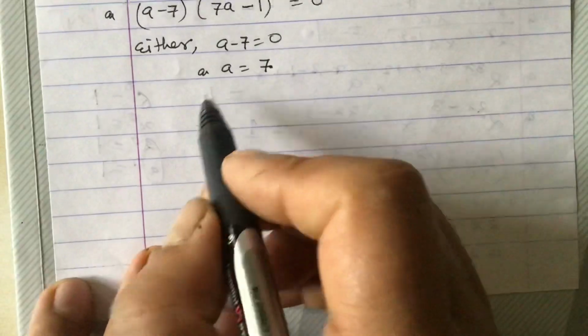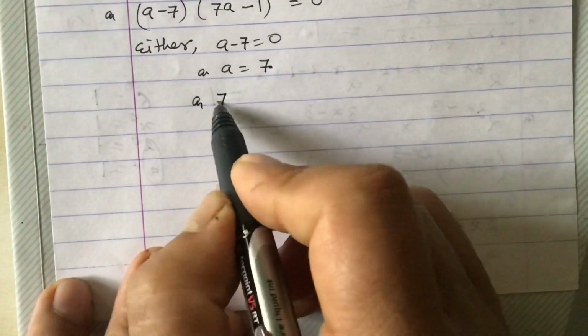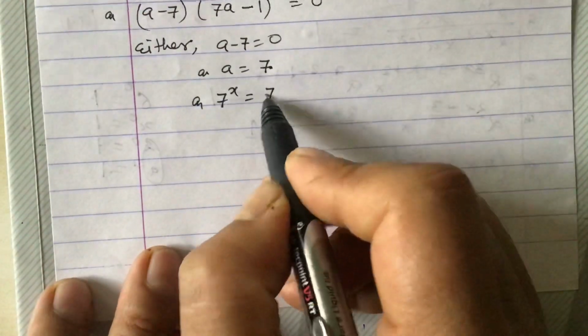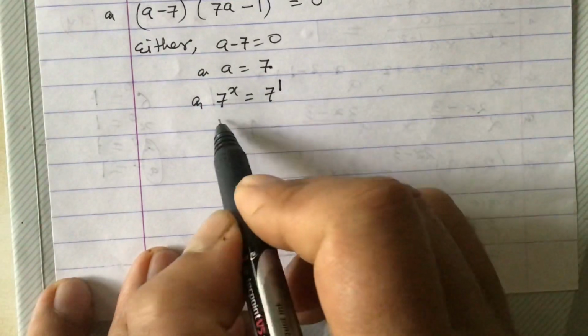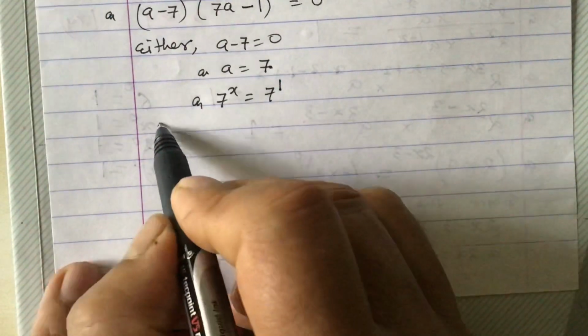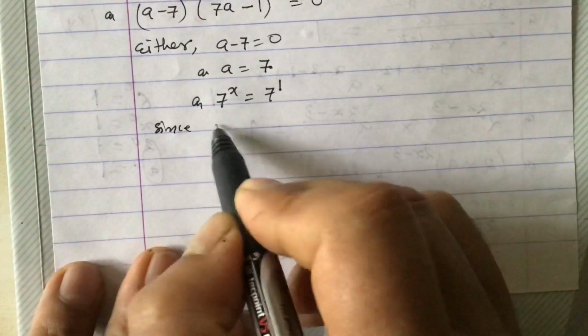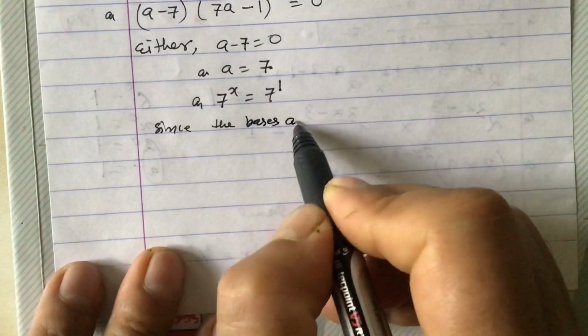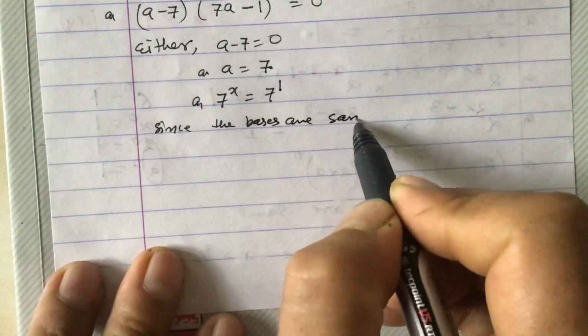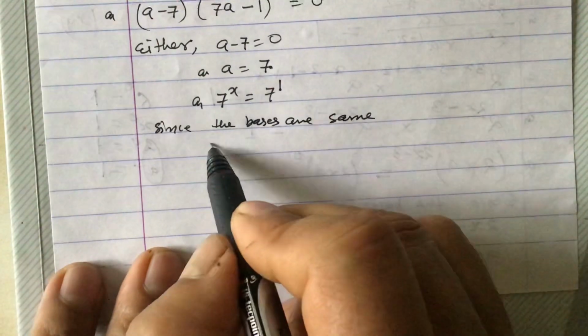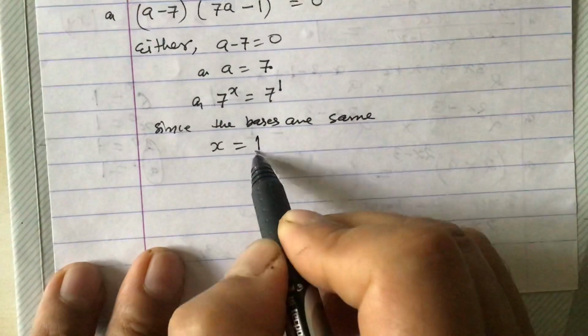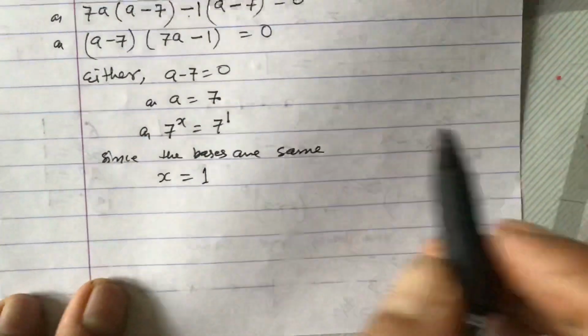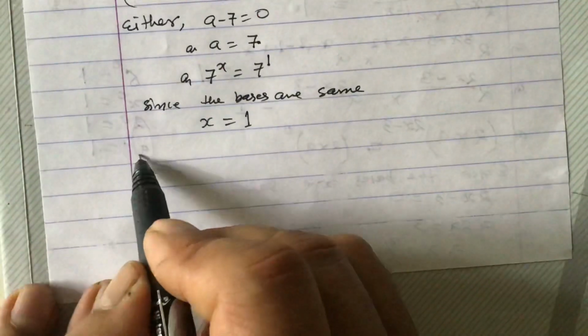So here a means 7 to the power x equals to 7 to the power 1. So therefore here bases are same. Since the bases are same, then we will get x equals to 1. Power we can equate.